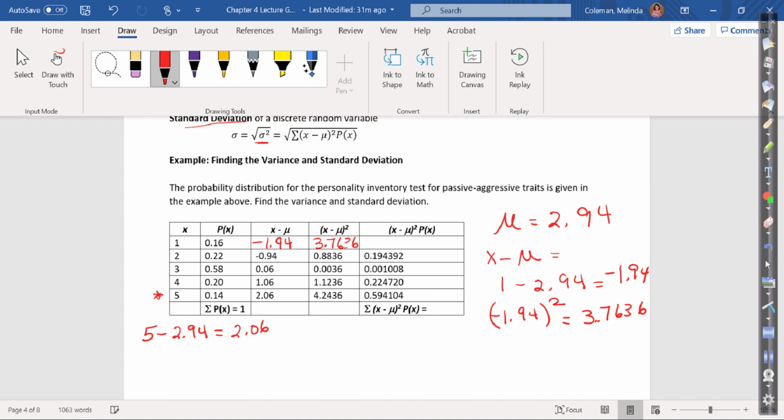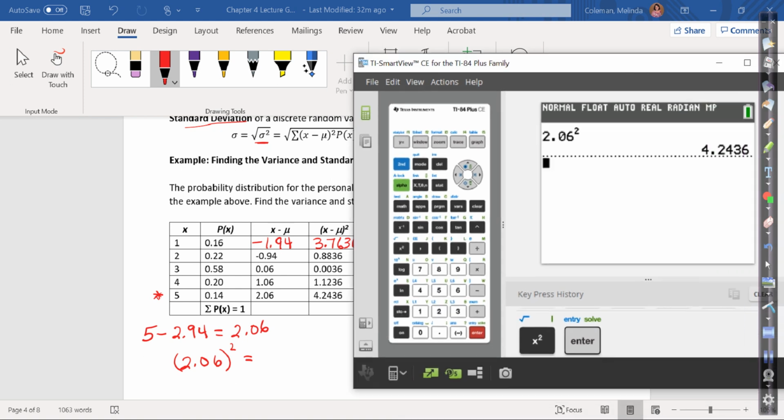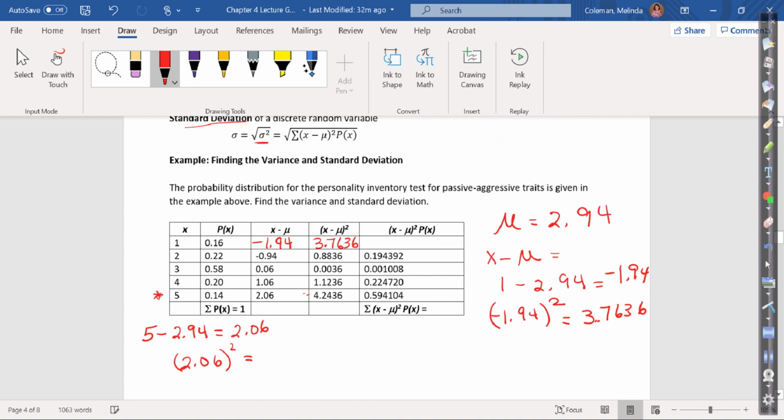And again, if we're verifying the 5th line, that would be 2.06 squared, which again, if you look at your calculator, is in fact 4.2436.